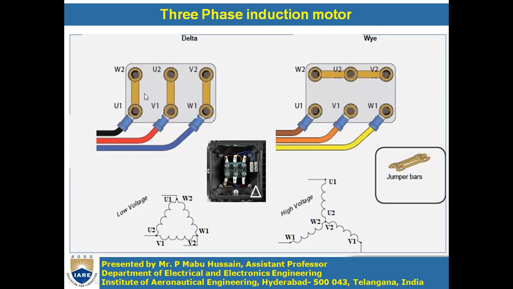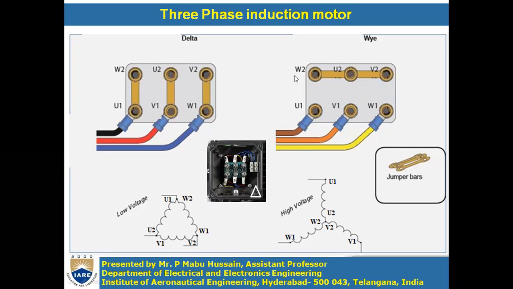See here in this picture. W2 is connected to U1, U2 to V1, and V2 to W1 through the jumper bars. If the jumper bars are connected in this way, you can say that the windings inside the motor are connected in delta.